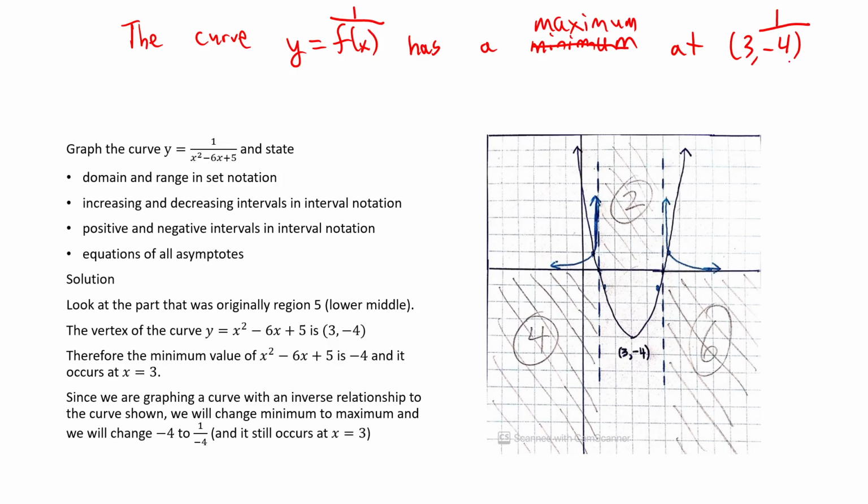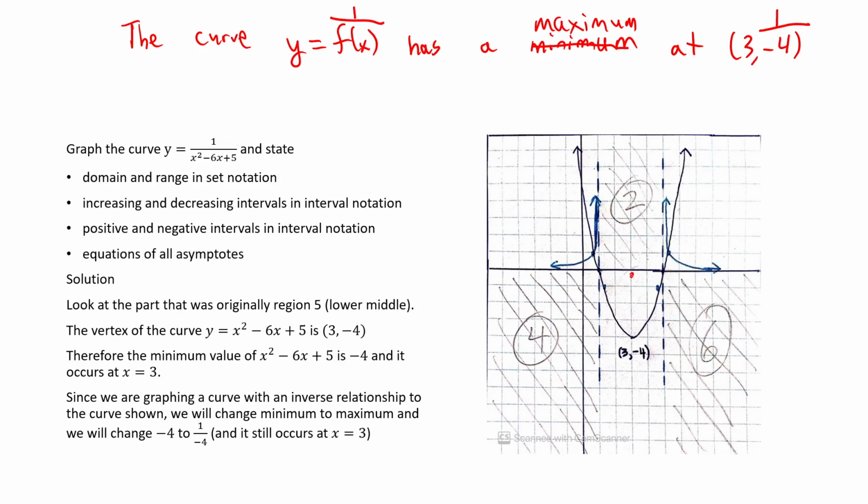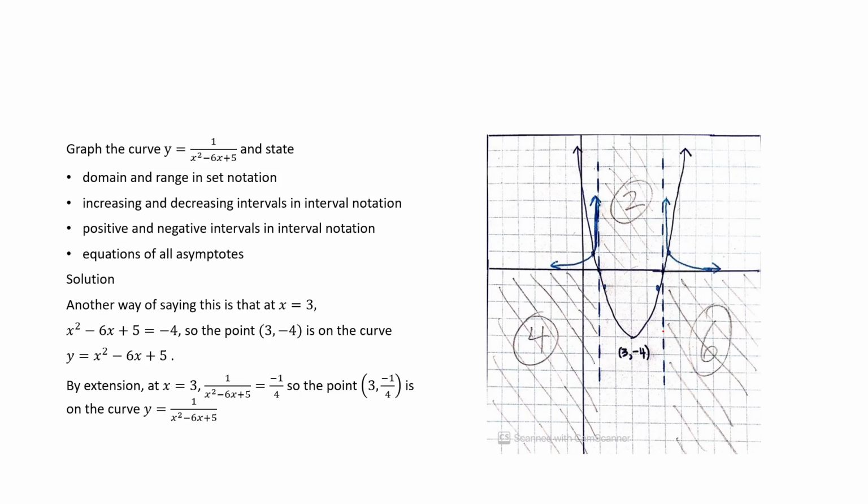And so what we're going to say is that the curve y equals 1 over f of x will have a maximum at 3, -1 over 4. So we're going to have a point right here at 3, 1 over -4, and we're going to draw, that's not the best job ever, but we're going to draw a curve that looks like that. Okay?